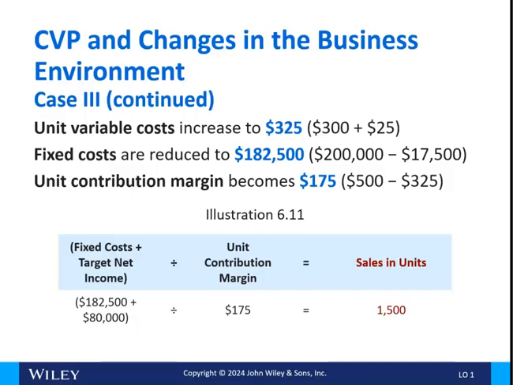So we had an increase in variable costs. We cut some fixed costs to offset it. We're not changing our selling price. In this case, we need to sell 100 units more than we're currently selling to maintain the same net income level. If we cannot sell those extra 100 units, our net income will go down.